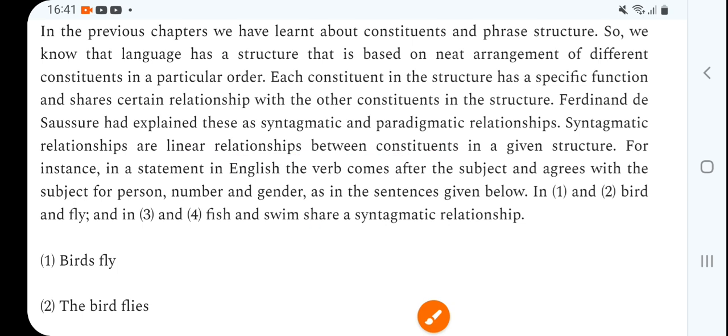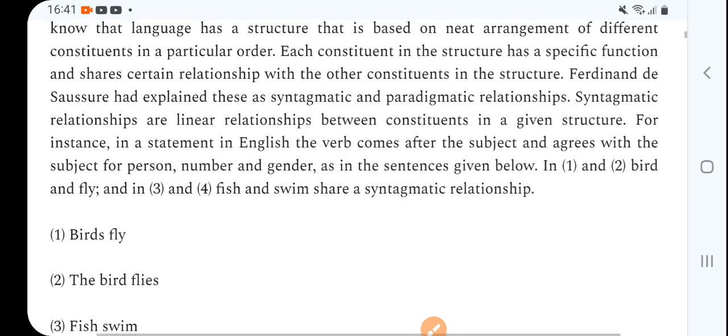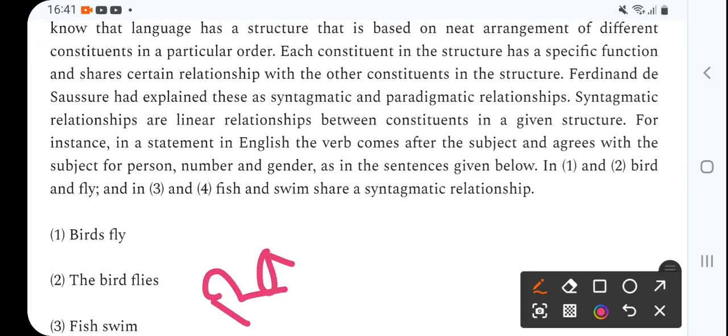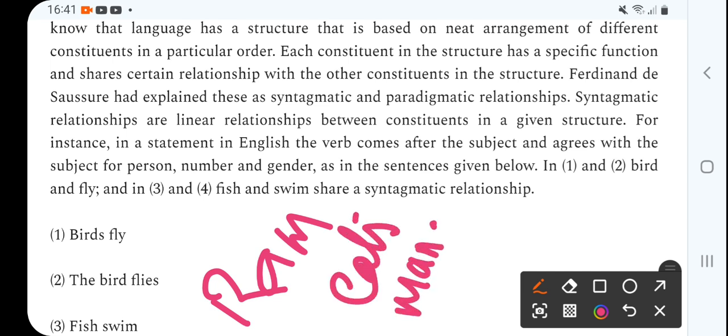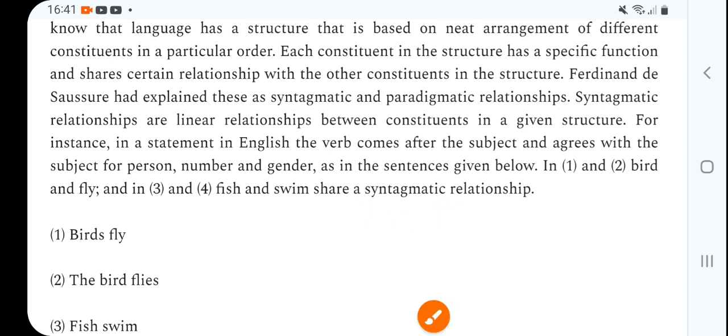For example, Ram eats mango. Ram is singular, and that is why the verb has an s, which agrees with the singular subject. The verb agrees with the subject in number and gender, sometimes he or sometimes she, as in the sentences given below.